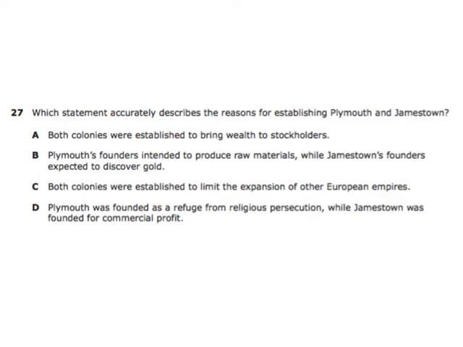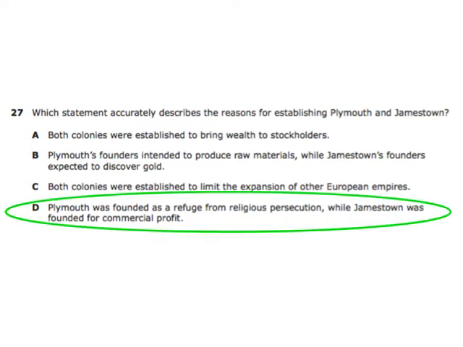Which statement accurately describes the reasons for establishing Plymouth and Jamestown? Plymouth was founded as a refuge from religious persecution, while Jamestown was founded for commercial profit.